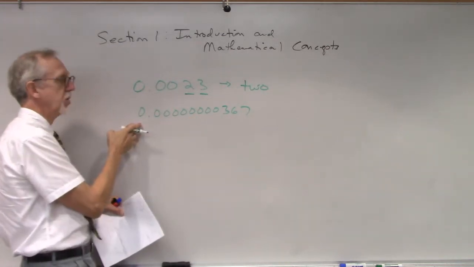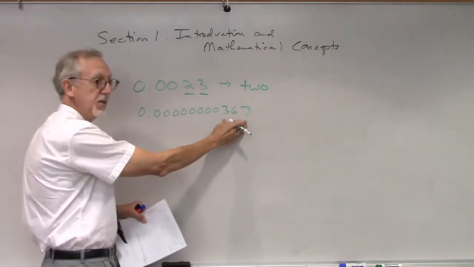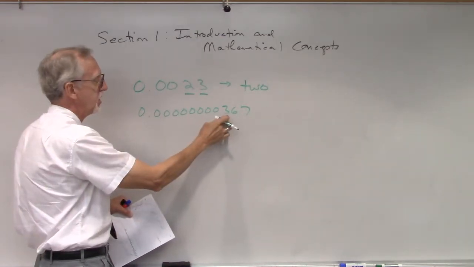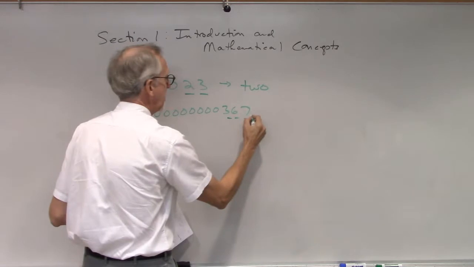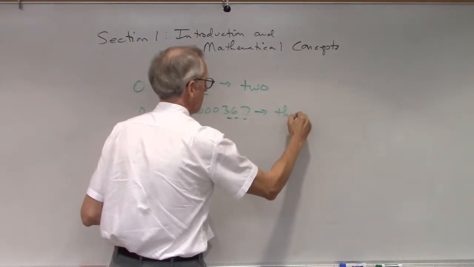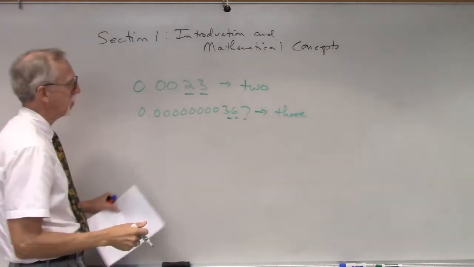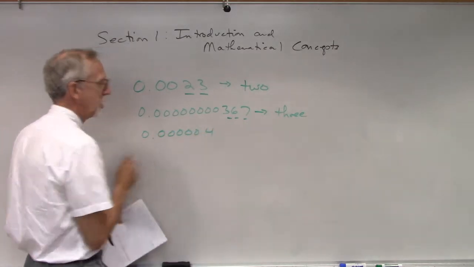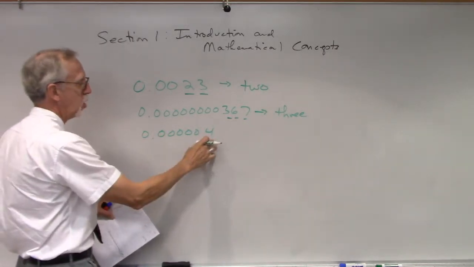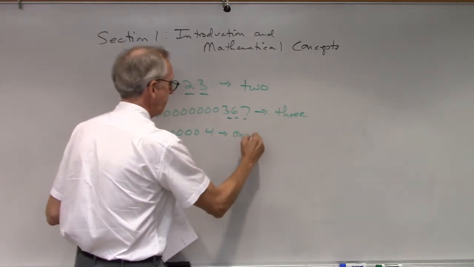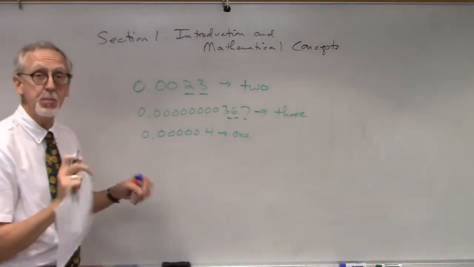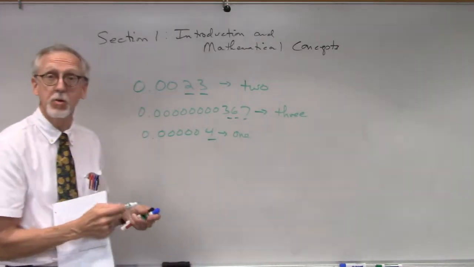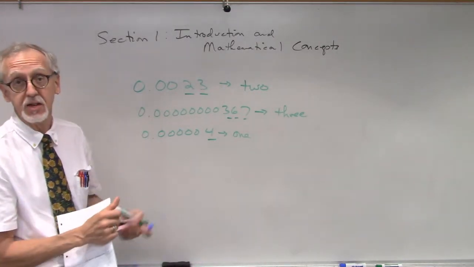All of these zeros are to the left of the non-zero digits, so none of these are significant. 1, 2, 3. 3 sig figs. Okay? 0.000004. None of them, still only 1 sig fig. There we go. So keep in mind, zeros to the left of all non-zero digits are never significant.